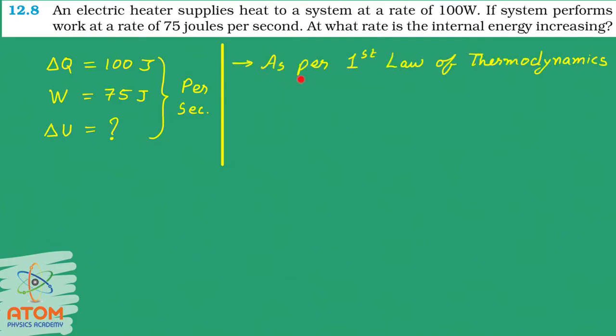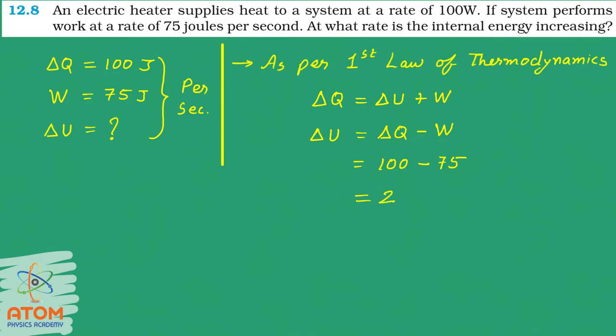Now, as per the first law of thermodynamics, we can write that delta Q is equal to delta U plus W. So delta U will be equal to delta Q minus W, and here delta Q is 100 joule per second and W is 75 joule per second.